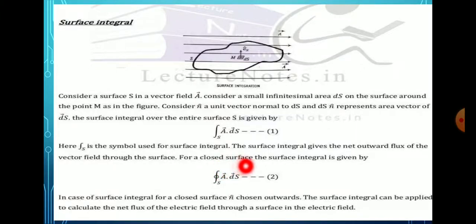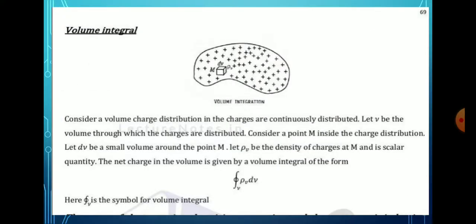So here, given the closed integration over S of A bar dot n cap ds.